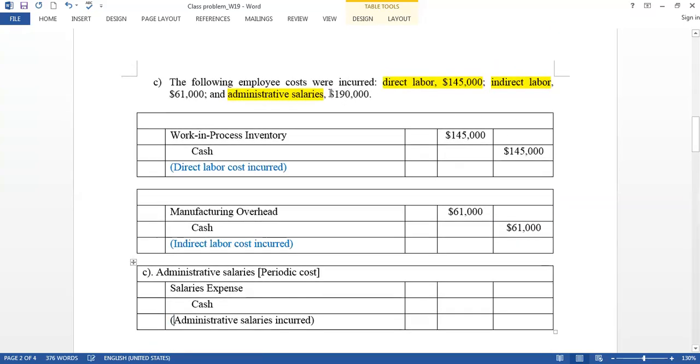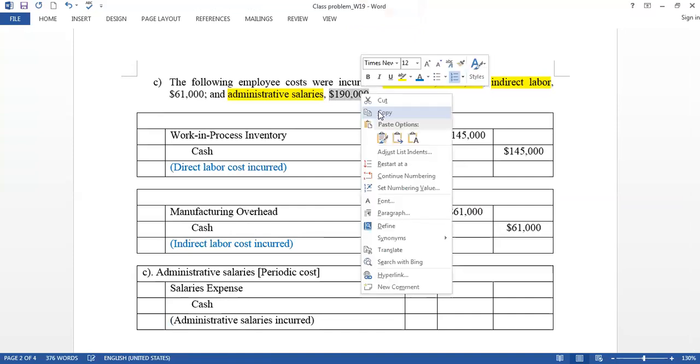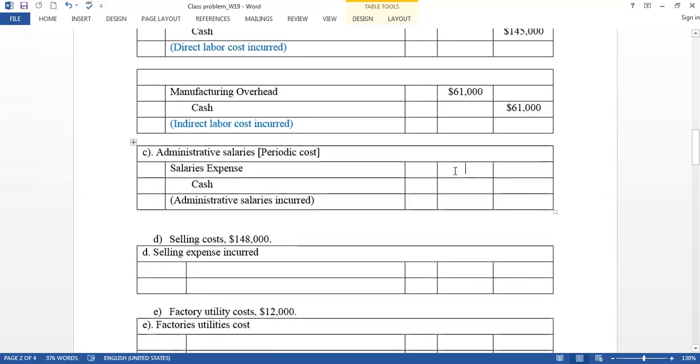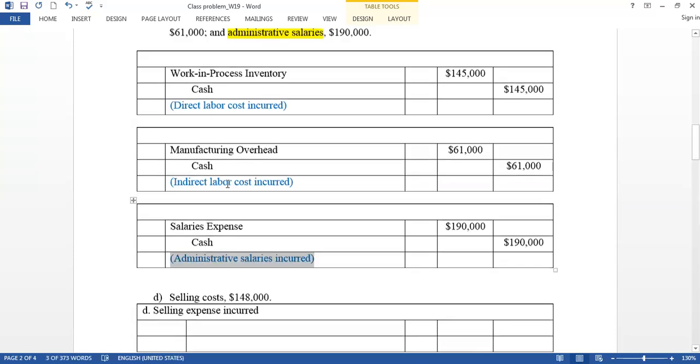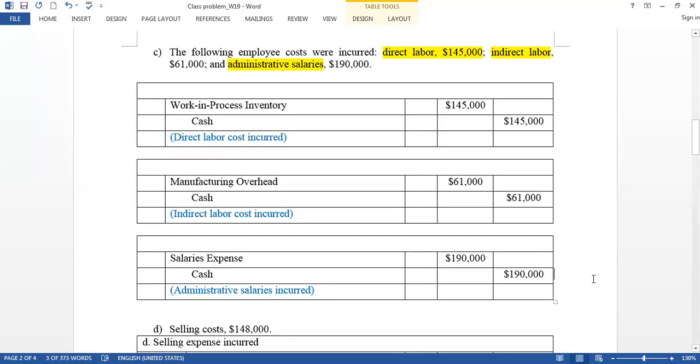And according to this question, it is $190,000. So try to understand number C again. Number C said that they have three types of cost incurred: direct labor salaries, indirect labor salaries, and administrative salaries.